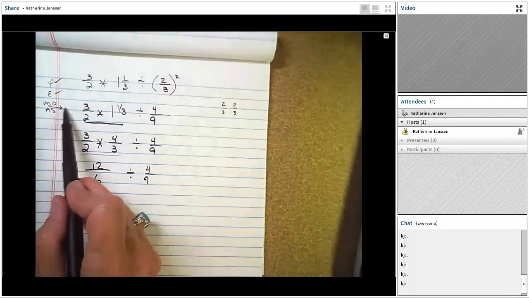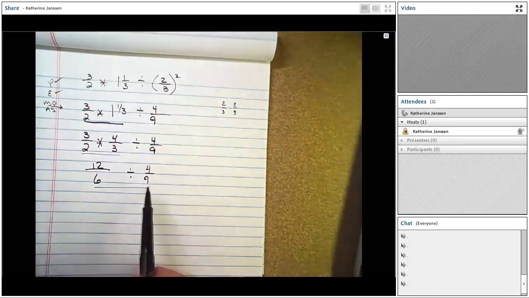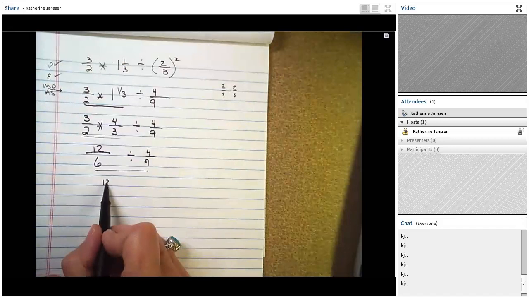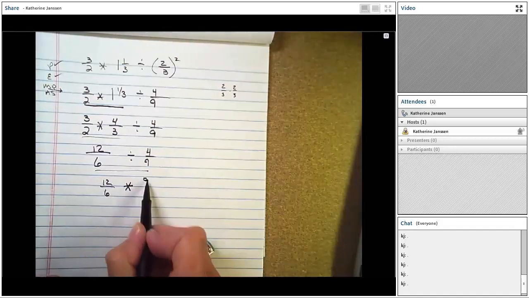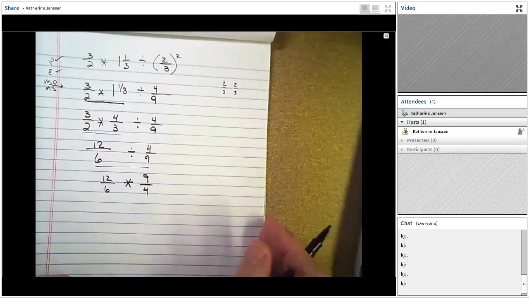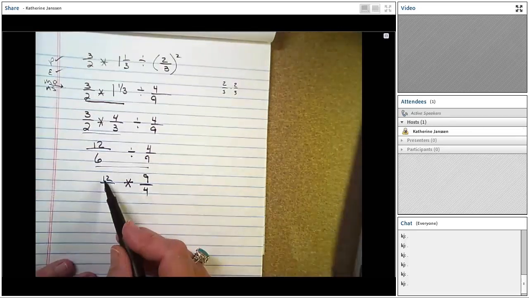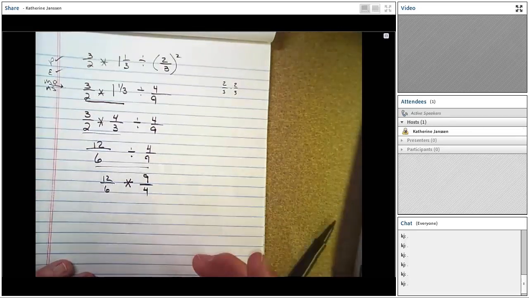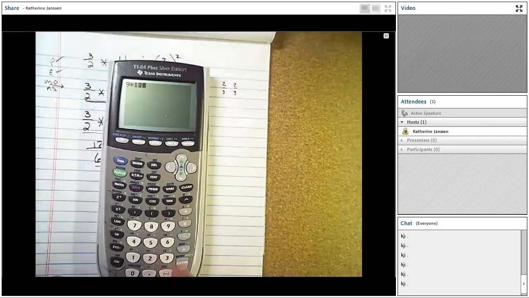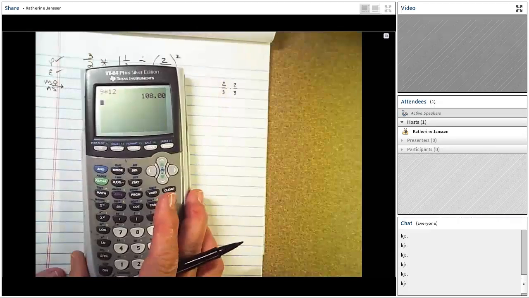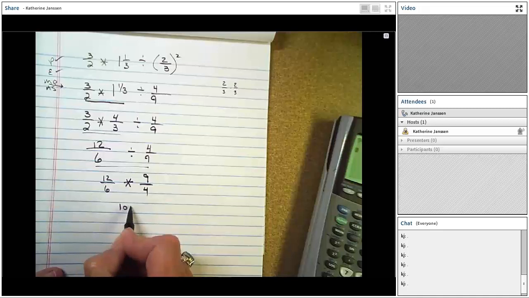Next, we have division from left to right. Division of fractions. We change division to multiplication and multiply by the reciprocal of the divisor. 9 times 12 is 108. 6 times 4 is 24.